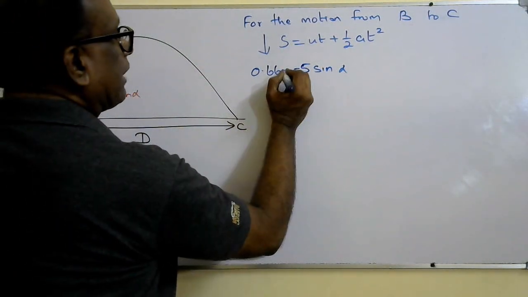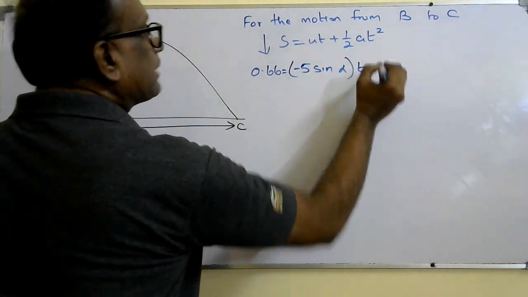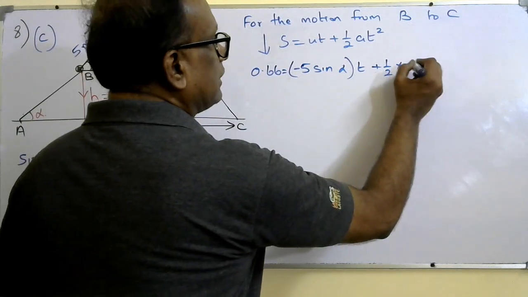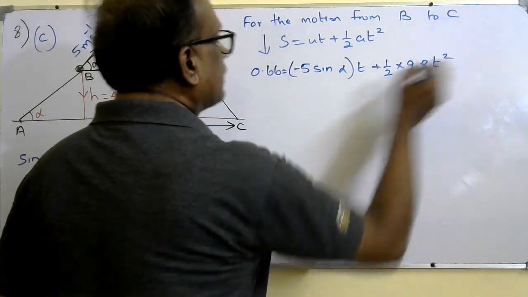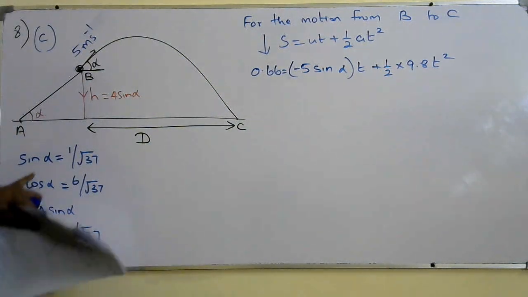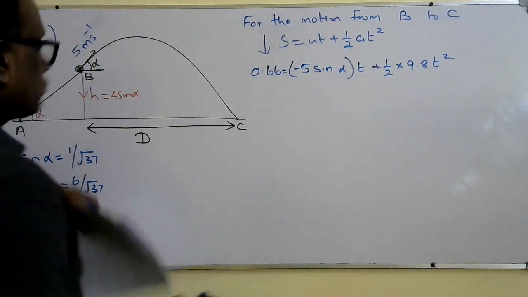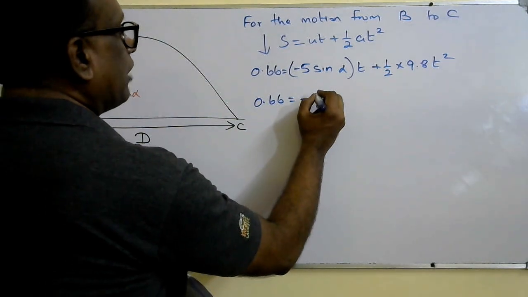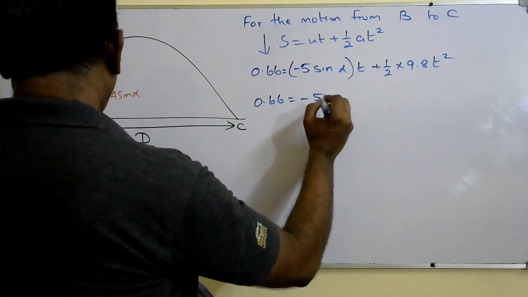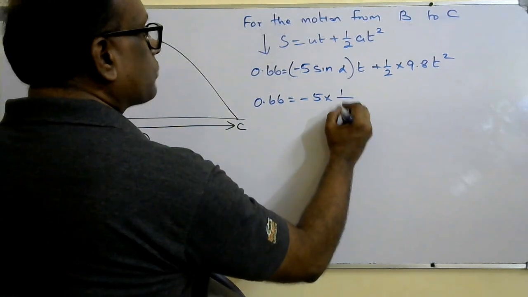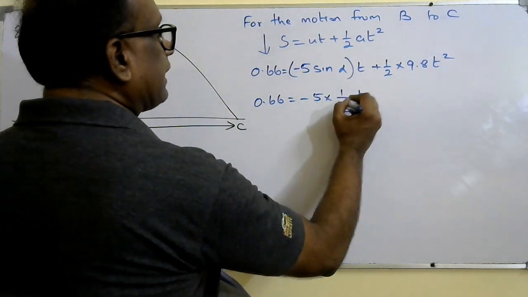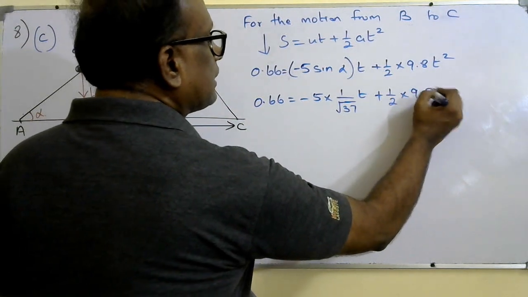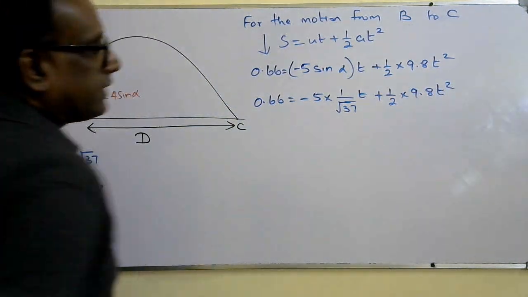So 5 sine alpha, which is minus, into t, plus half into 9.8 t squared. Substitute sine alpha, 1 over square root of 37. So 0.66 equals minus 5 into 1 over square root of 37 times t plus half into 9.8 t squared. So it's a quadratic equation.